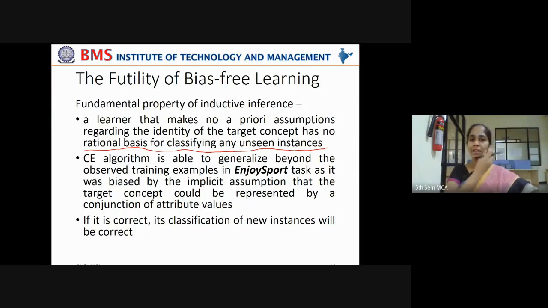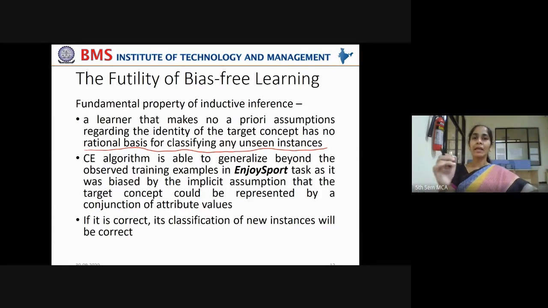What it is telling is, if a learner doesn't make any assumptions, what is the assumption made by the candidate elimination algorithm? All the conjunctions of the hypothesis should be considered. Disjunctions should not be considered. That is the basic assumption made by the candidate elimination algorithm.